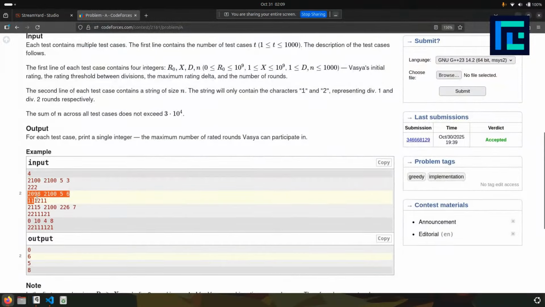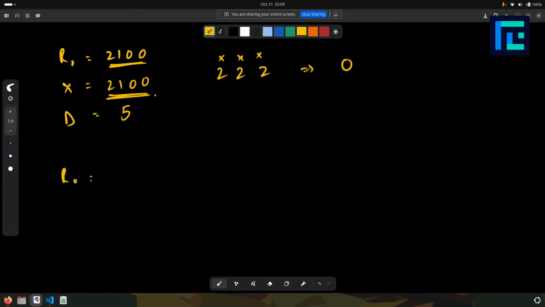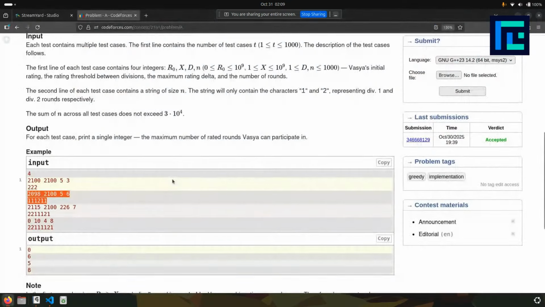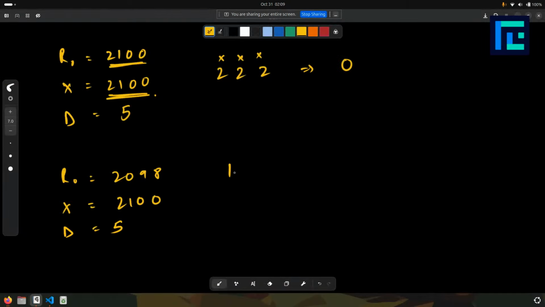The next test case is our rating initially is 2098 and X is 2100. Then D is 5 and the contests are div 1, div 1, div 1, div 2, div 1, div 1.